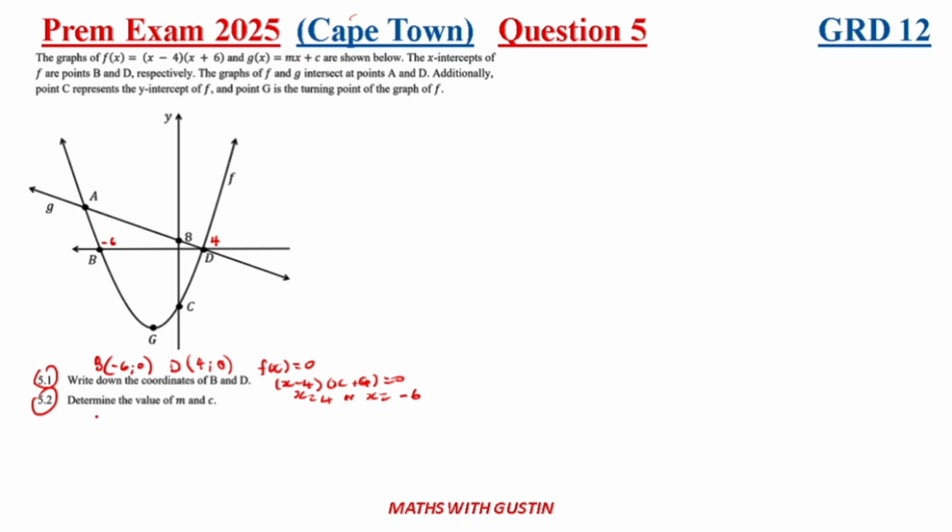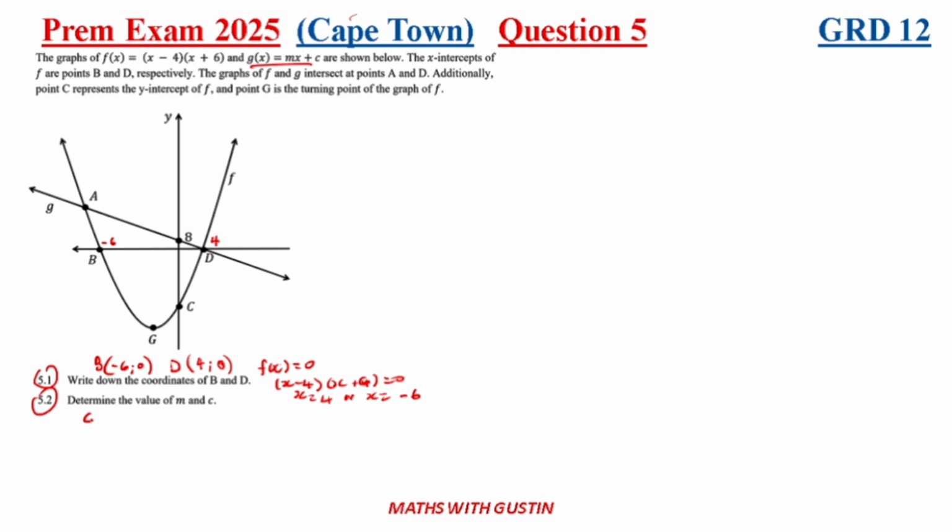Right, 5.2. They want us to write down the values of m and c, which is on the straight line. It's basically like writing down the equation of a straight line.